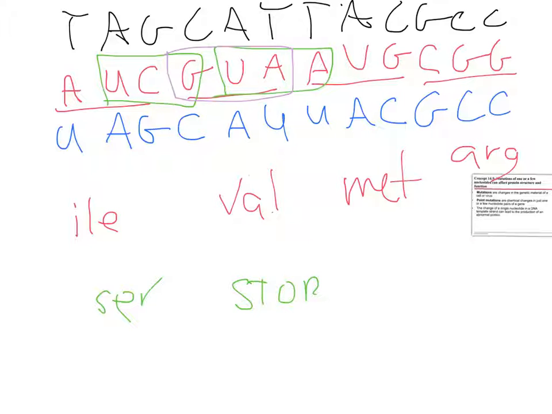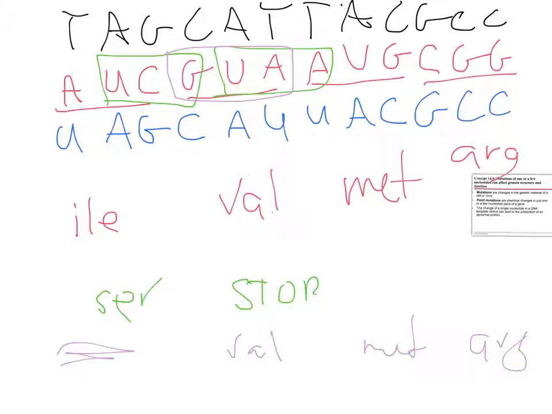Now what happens? So we still get valine, methionine, and arginine, right? We just skipped this first one, correct? So, because of the triplet code, multiples of 3 are important.